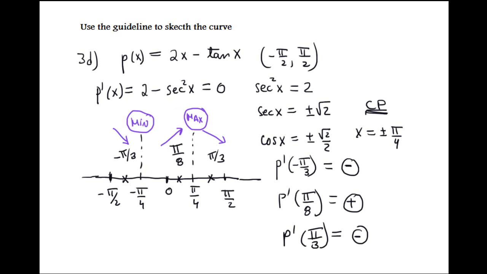And for this local minimum and local maximum, if you want to find the value, you evaluate the original function at pi over 4 and at negative pi over 4.